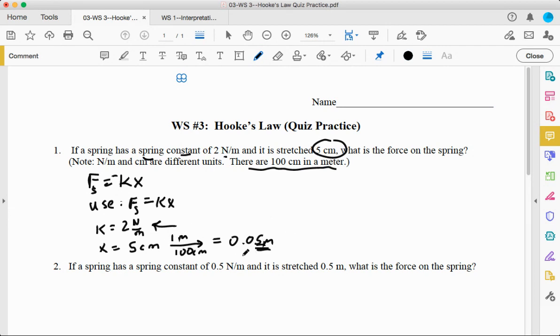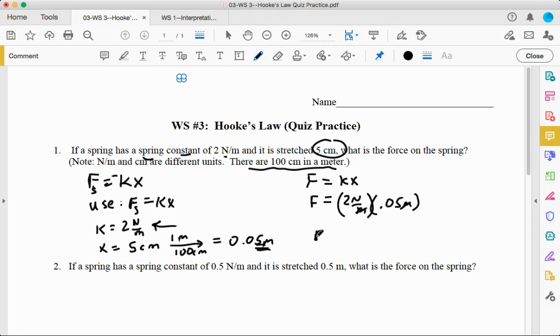So we can't mix meters and centimeters in the same equation. Getting to the solution from this point is pretty easy. The force exerted on the spring, which is the same as what the spring exerts back, is simply the multiplication of our K and our X. So if K is 2 newtons of force to stretch a spring by 1 meter, and our distance is 0.05 meters, the meters cancel out because 1 is in the denominator.